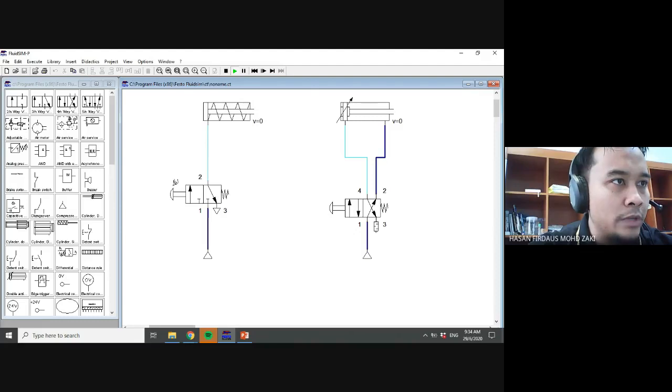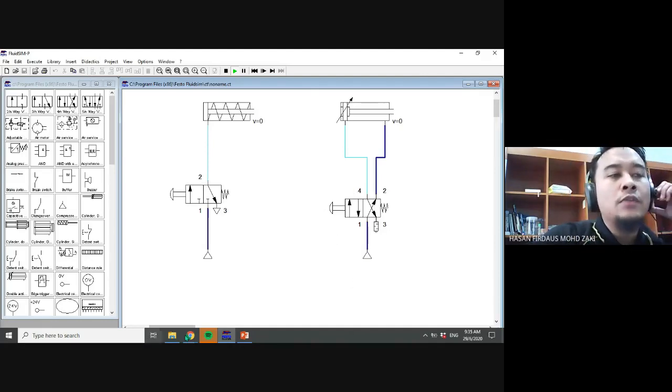So you need to make sure you know the difference between these two: which port to use, which valve to use, and why, how it works. This one you can control using one port, this one you control using two ports. Do you have any question for this?